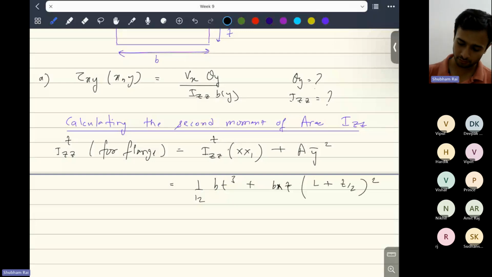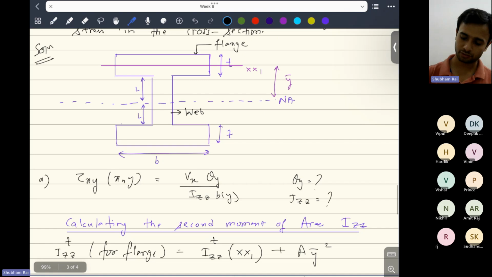So this is IZZ for one flange. Now let's find out IZZ for the web. For the web I'm writing W for full web. It's very easy because about this neutral axis, this web is a rectangle.